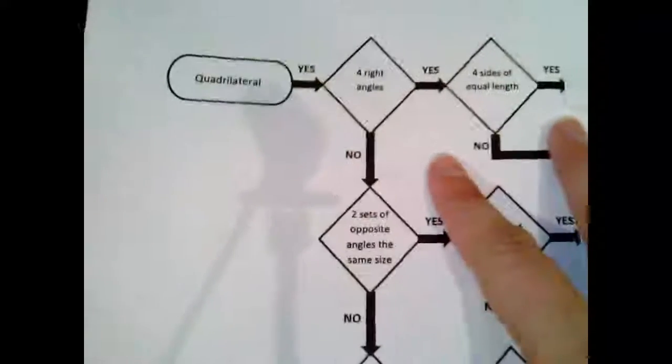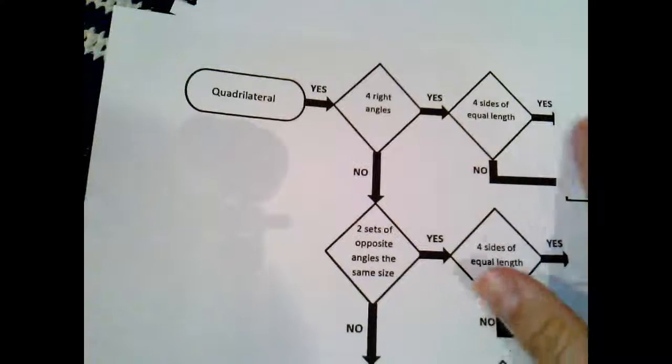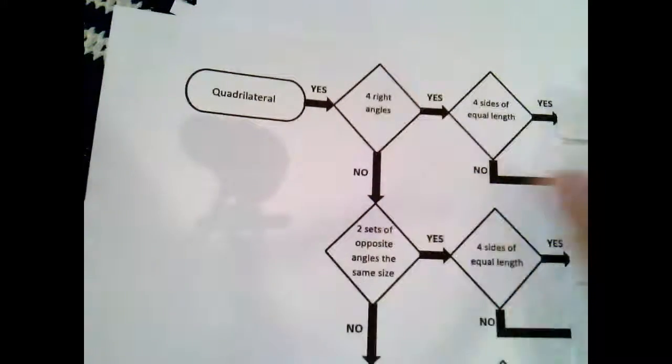All right, so let's go through it a little bit more. I'm going to just zoom in. There we go. So I just went over kind of how that flowchart works, and now we're just going to go through it step by step to really understand what it means by each shape that we cover. So here I'm actually going to draw the shape as we go.